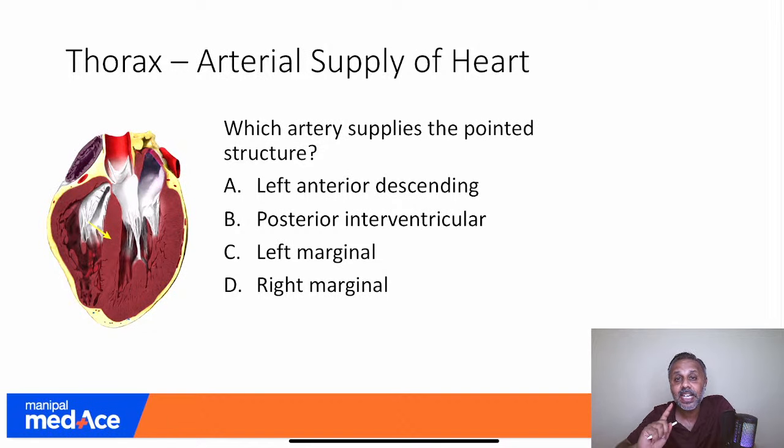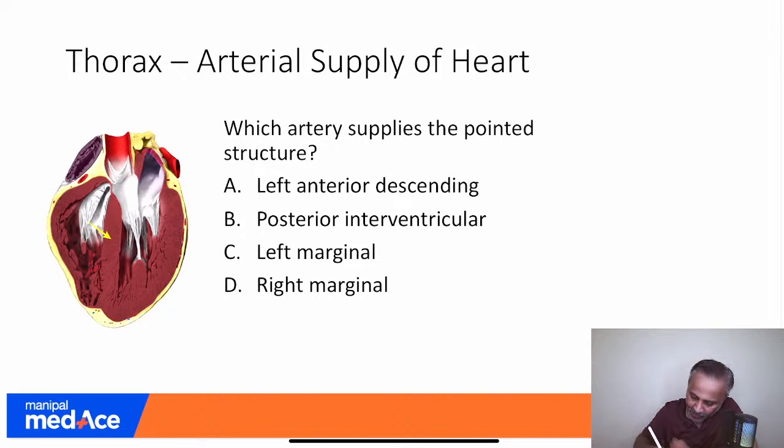One is the left anterior descending artery, LAD, or anterior interventricular artery, and the other is the posterior interventricular artery. Both of them supply the interventricular septum. But remember, the majority of the interventricular septum, especially its anterior 2/3, is supplied by the left anterior descending artery or the anterior interventricular artery.